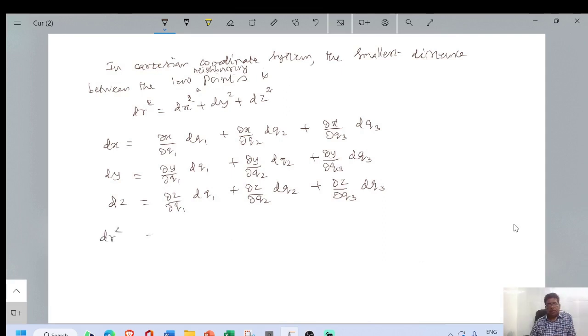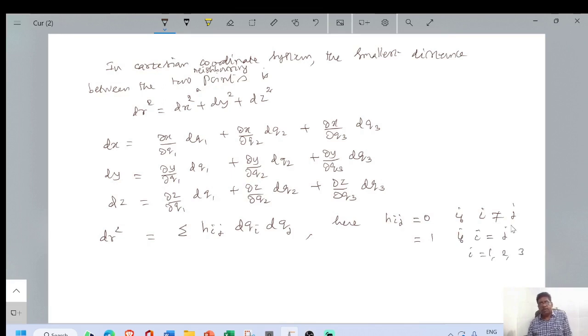dr square is equal to summation over h_ij dq_i dq_j. Here the condition is h_ij equal to 0 if i not equal to j, and h_ij equal to 1 if i equal to j, with i equal to 1, 2, 3. This is the value of dr square.